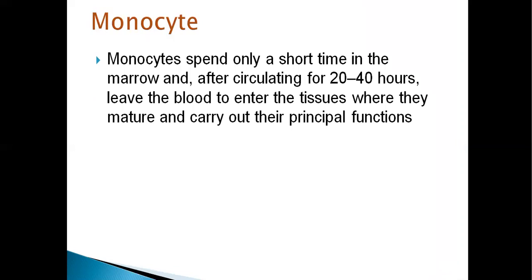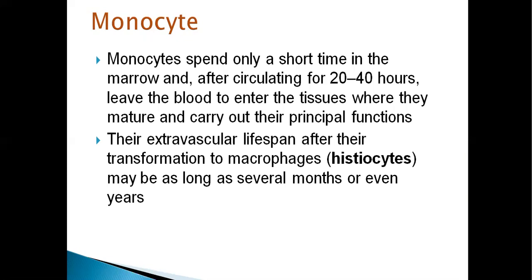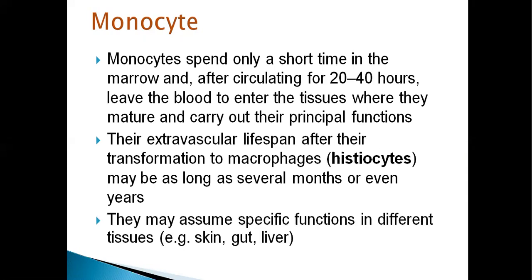The monocytes spend only a short time in the marrow and, after circulating for 20 to 40 hours, leave the blood and enter the tissue where they mature and carry out their principal function. Their extravascular lifespan after their transformation to macrophages may be as long as several months or even years.